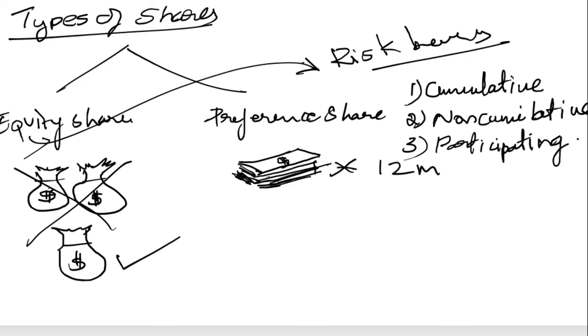All preference shareholders get a definite income. Definite means a static or defined income. For example, every month I will get 10 rupees, even though the company comes down or goes up.